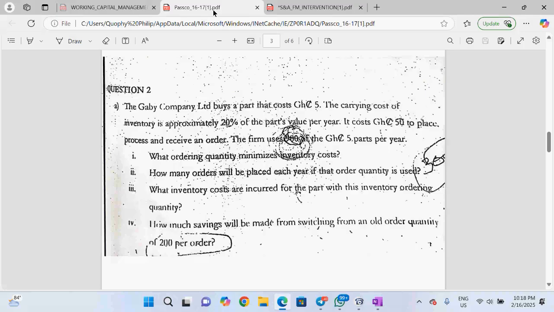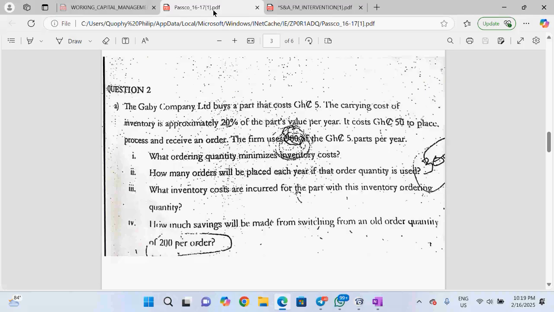The firm uses 900 of the 5 Ghana cedi parts per year. I. What ordering quantity minimizes inventory costs?